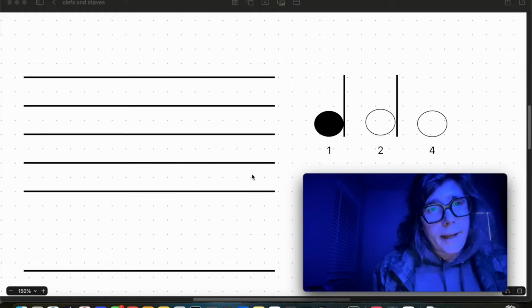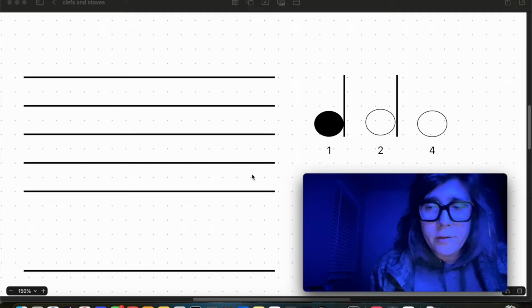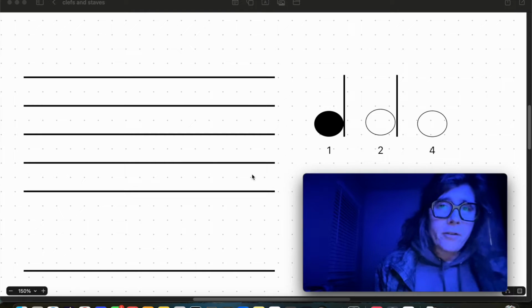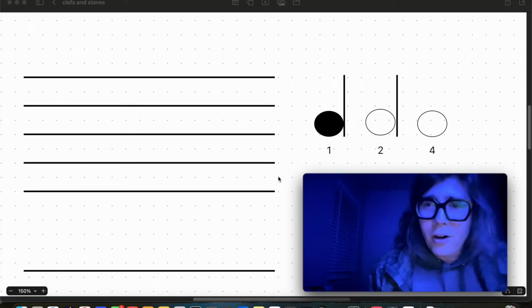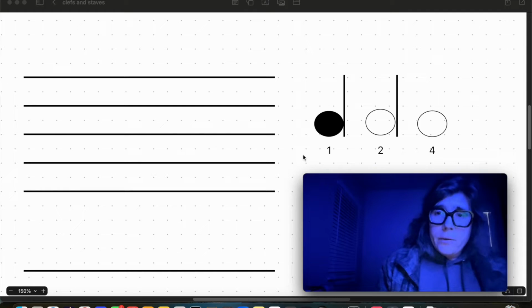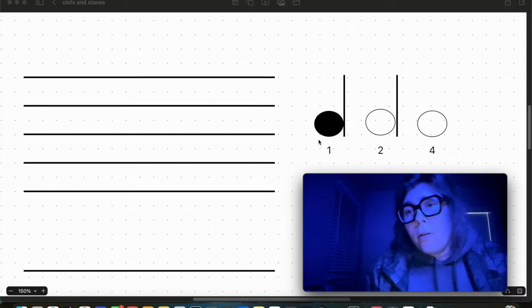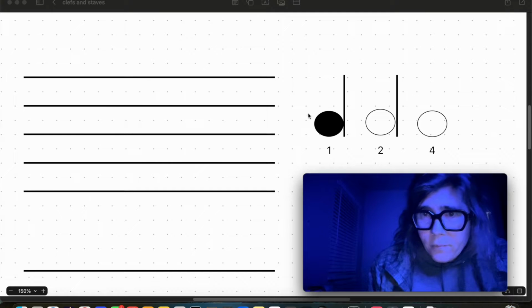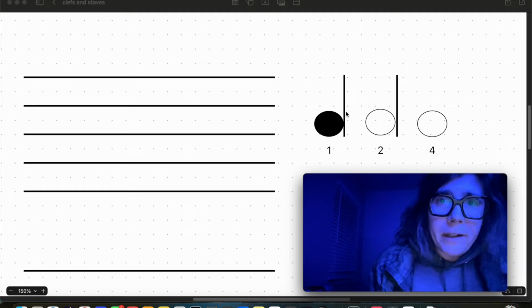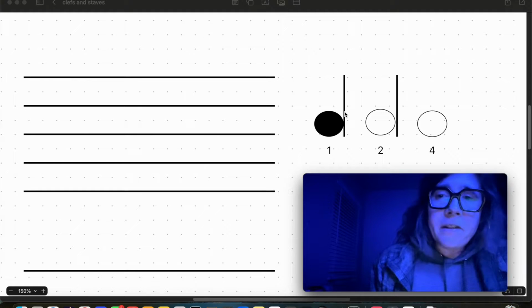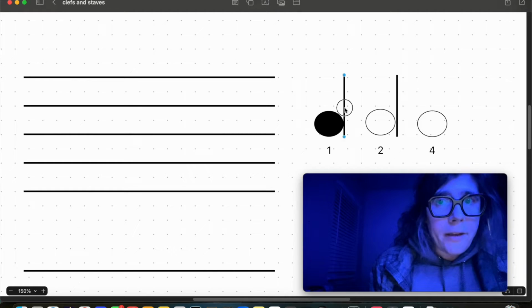So I have our old staves that we used from the original video, and I have a little more information here on the screen. What I have are certain note values. Now, this one, observe it closely. We have a filled in circle and a line on the side. This line can be on either side.